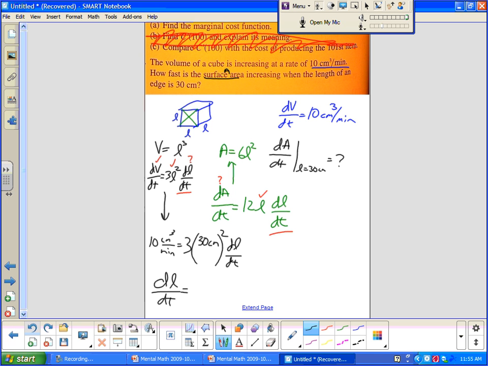So I get 1 over 270 centimeters per minute. And now I can pump this back into the green equation. dA/dt equals 12 times 30 centimeters times 1/270 centimeters per minute. If I do the math, guys, 360 over 270, I get 4/3 centimeters squared per minute.